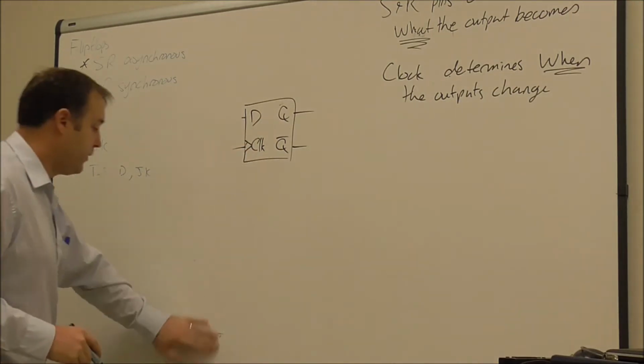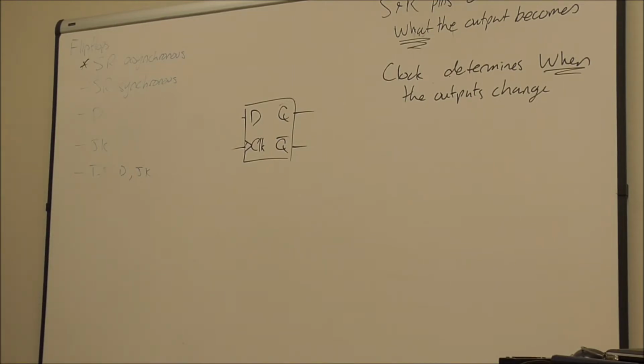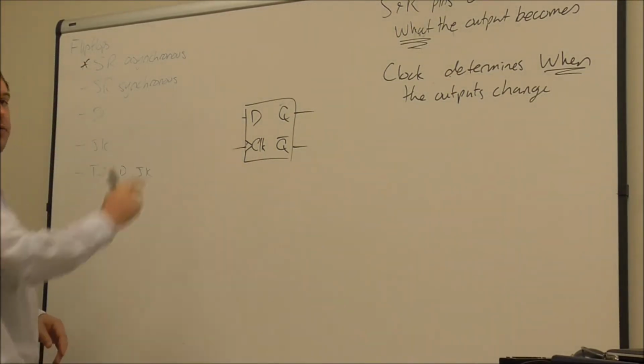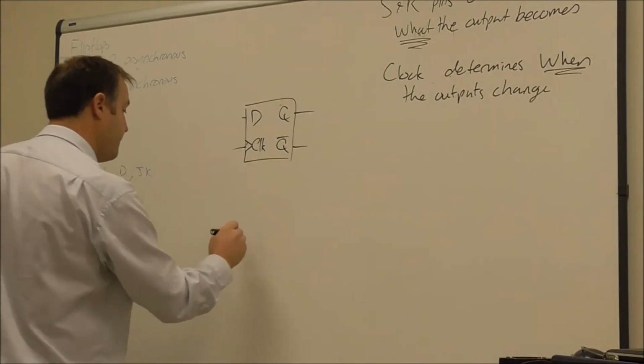And effectively, the difference here is, unlike the SR where with both inputs at 0 the flip-flop didn't change, basically with this one, the logic level on D determines what the output is going to be after the next clock.